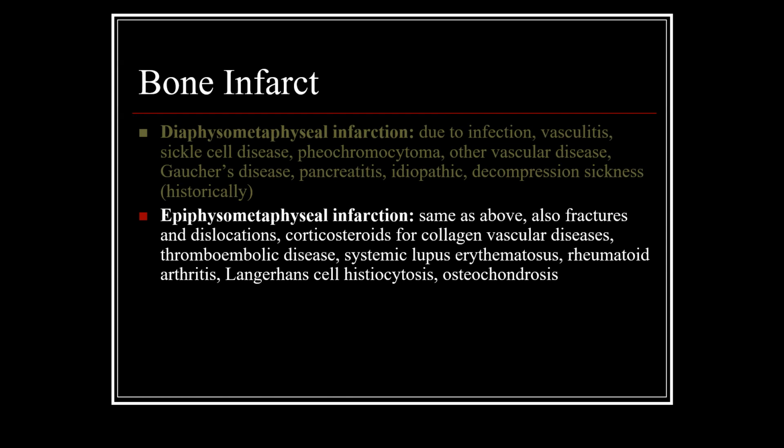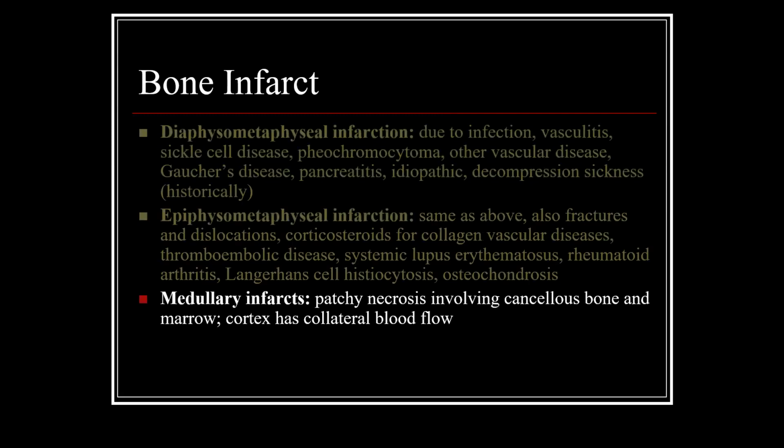So I don't expect you to remember all of these, and they probably won't all be on the boards, but I would expect that this is sufficiently frequent that you might get a case of this sort where there's a slight differential between these two. For example, pheochromocytoma is usually not an etiology for the more epiphyseal type of bone infarct.